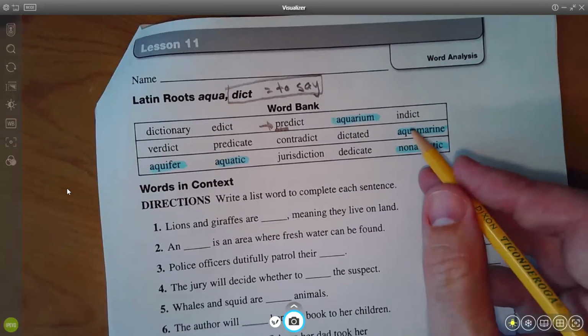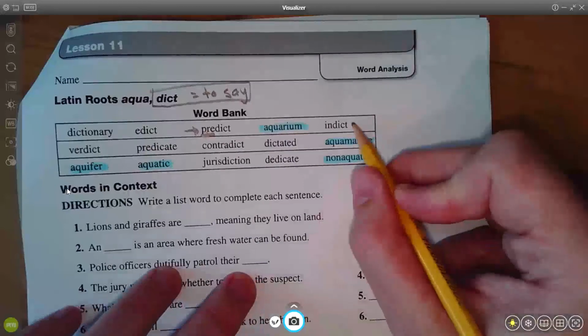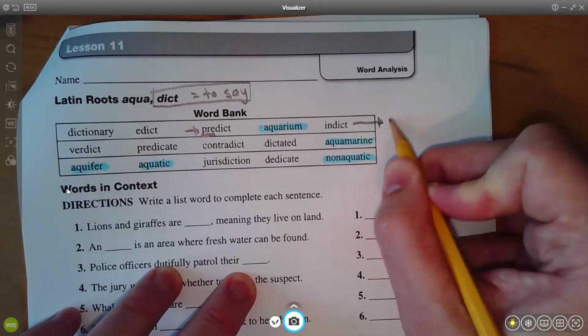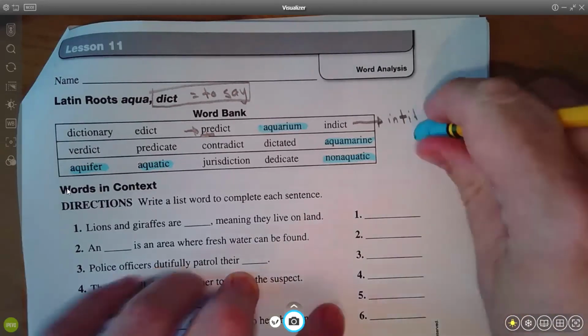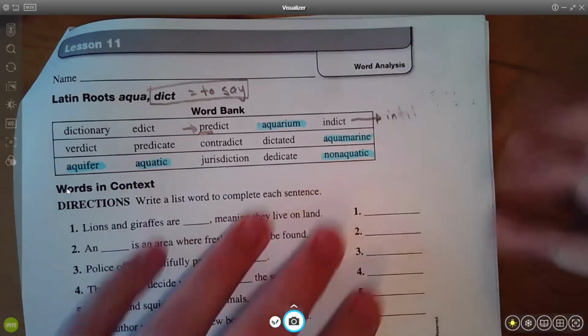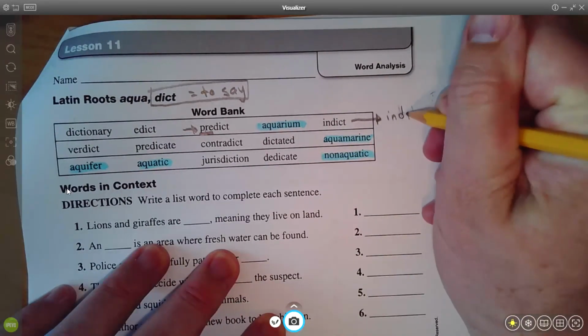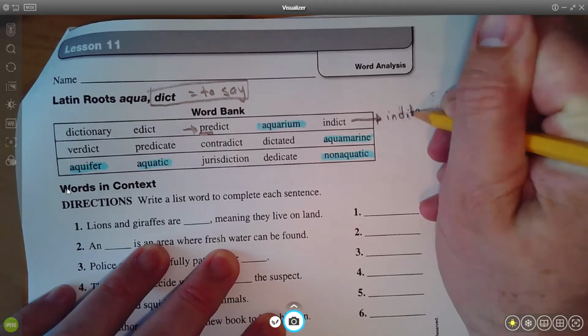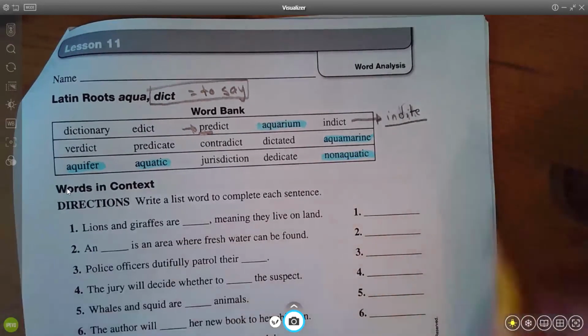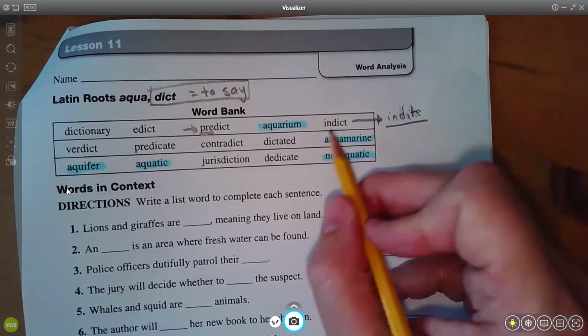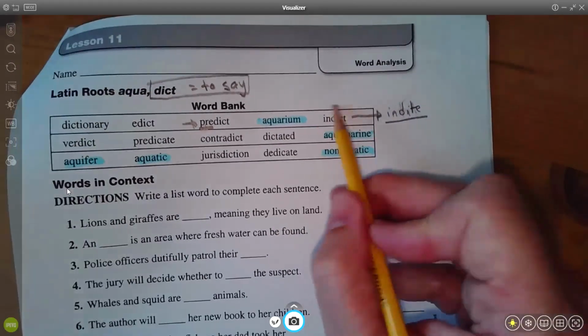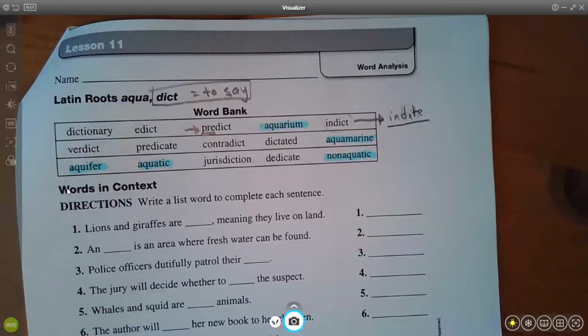And this one, like I said, sounds like it should be written like this, but there's a C in there too. So indict versus indict, right? You wouldn't say it that way.